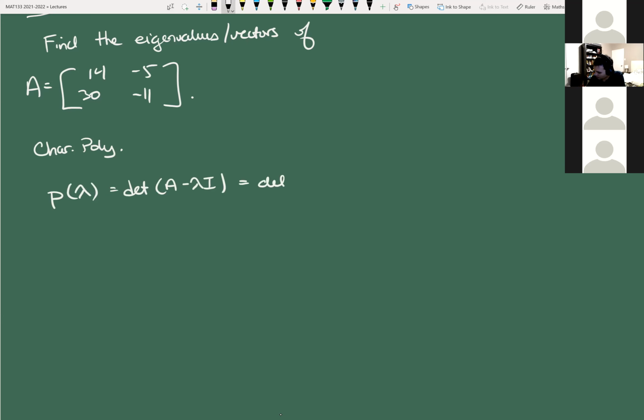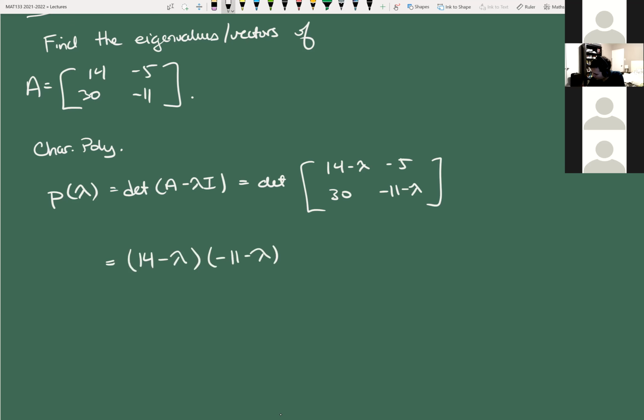If I compute what A minus lambda I is, that's 14 minus lambda, -5, 30, -11 minus lambda, right? Lambda I is just subtracting lambda from the diagonal elements. And I know how to do this. This is AD minus BC, right?